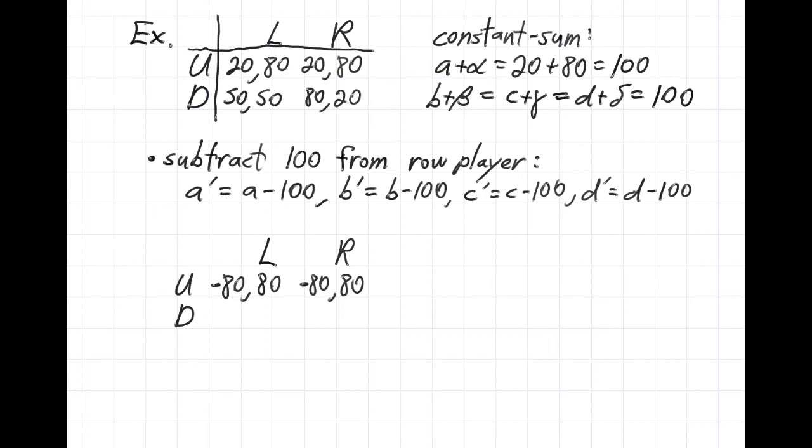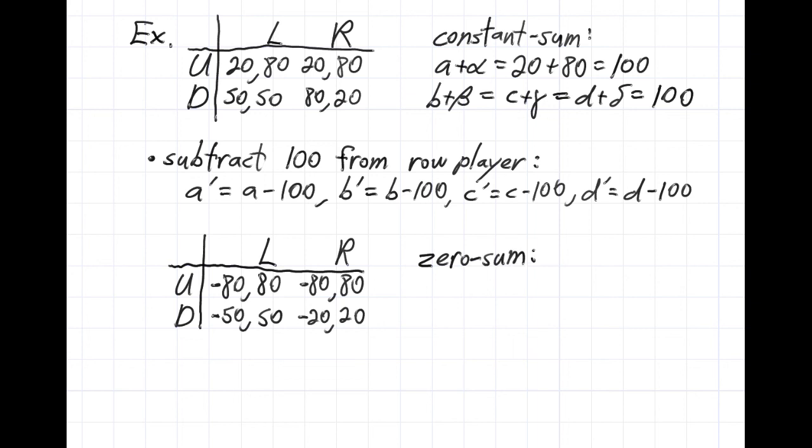Moving to the bottom left, we now have minus 50 and 50, and the bottom right is minus 20 and 20. And you can see for yourself, this is an example of a zero-sum game, because our new payoffs, A prime plus alpha, is the same as B prime plus beta, and so on. And they are all equal to 0.